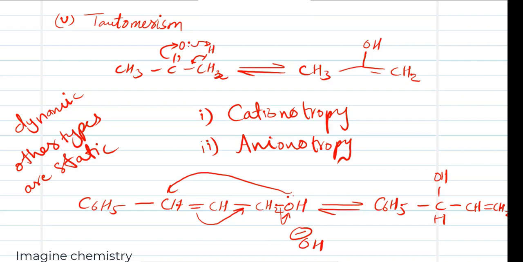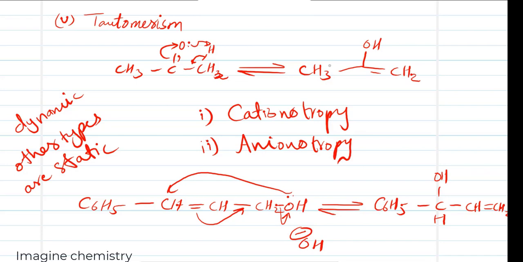So in today's lecture, what we have discussed is the different types of structural isomerism, which are chain isomerism, where there is a difference in the carbon skeleton. The second type was positional isomerism, where there is a difference in the position of substituents. The third one was functional group isomerism, where there is a difference of functional groups. The fourth one was metamerism, where there is a difference in the arrangement of carbon atoms around a central atom or a group.